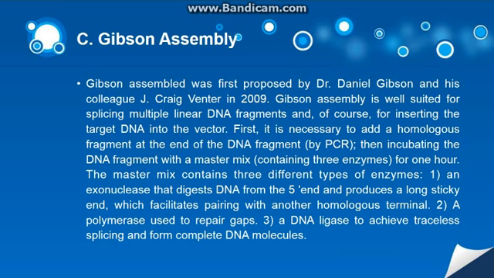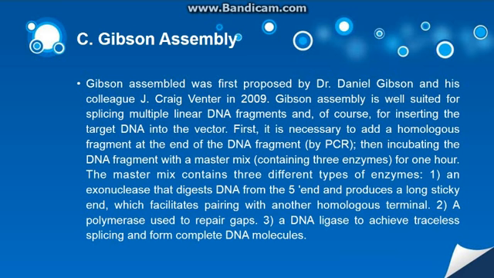The master mix contains 3 different types of enzymes. 1. An exonuclease that digests DNA from the 5' end and produces a long sticky end, which facilitates pairing with another homologous terminal. 2. A polymerase used to repair gaps. 3.